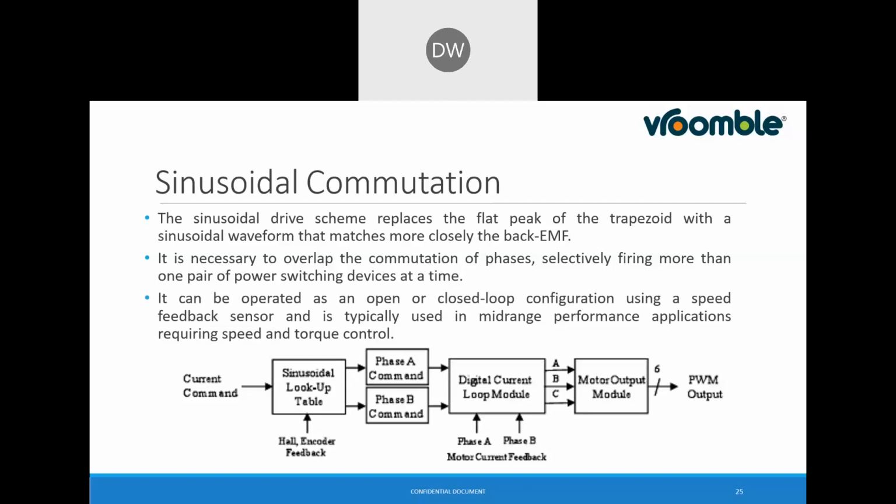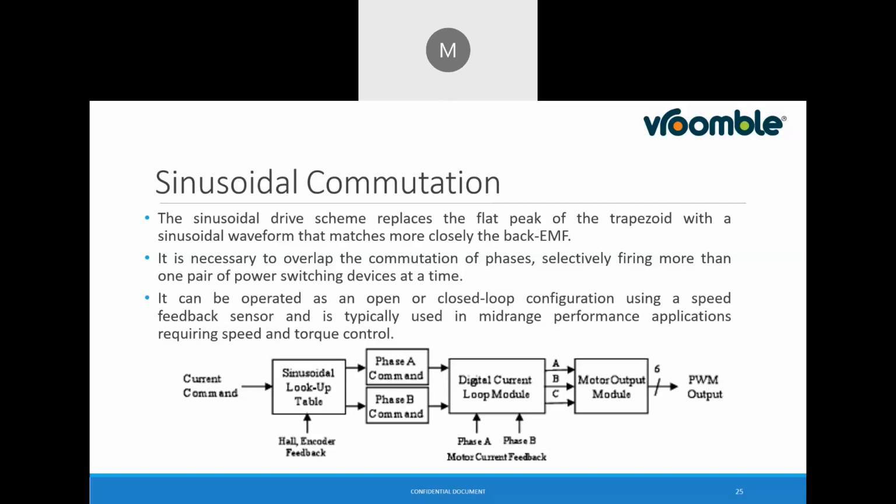So the trapezoidal commutation you can use ideally for the three-wheeler, for example, or the slow-speed vehicle. Obviously, there will be a high load condition, and you also need a high torque.